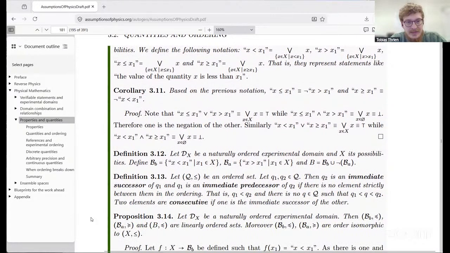Definition. Let dx be a naturally ordered experimental domain and X its possibilities. Define B before as all statements for X less than something, and then B after is the other one.